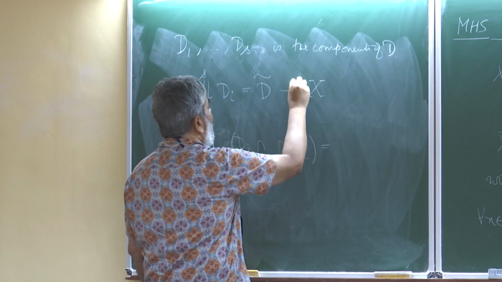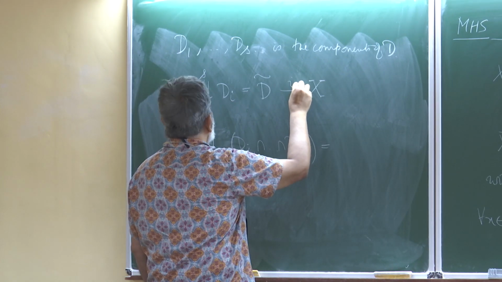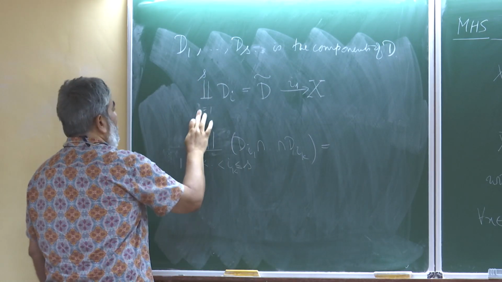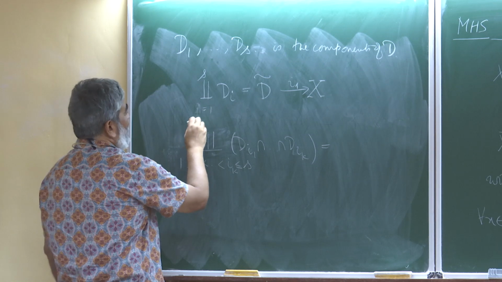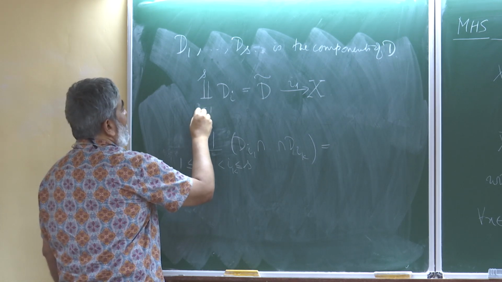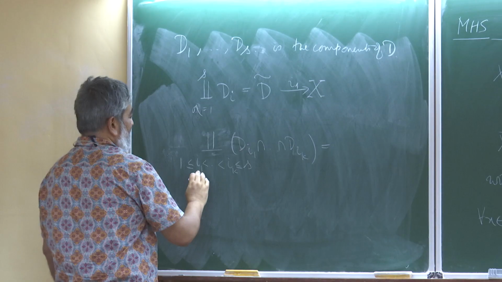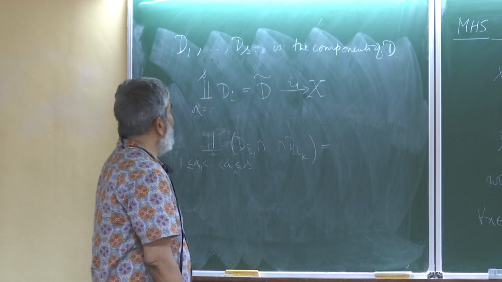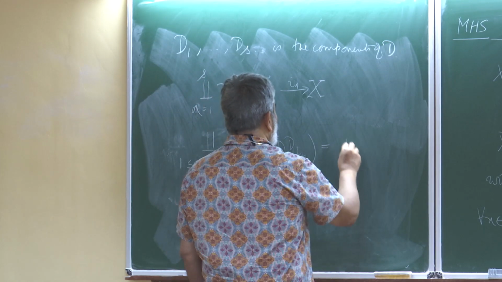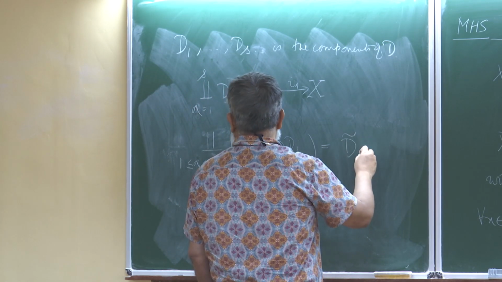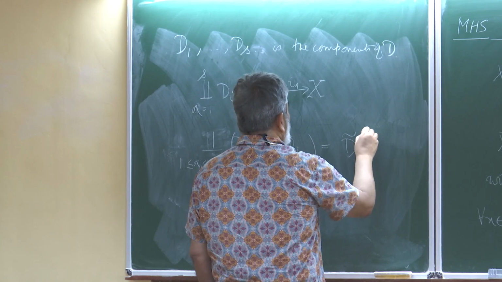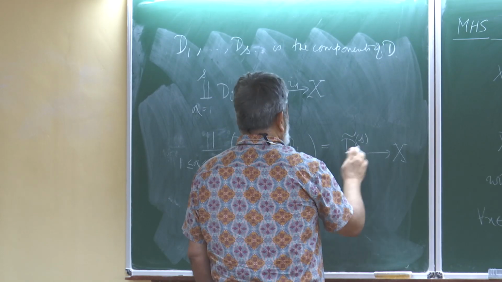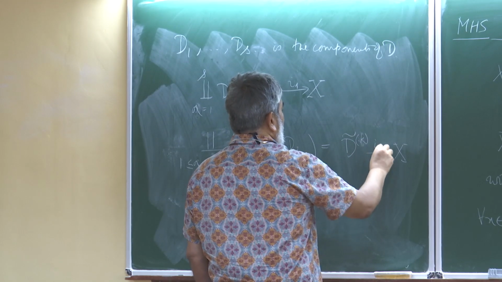This I will call i1, I suppose. I is bad. Too many I's. Okay. Is equal to D tilde K. Sorry.